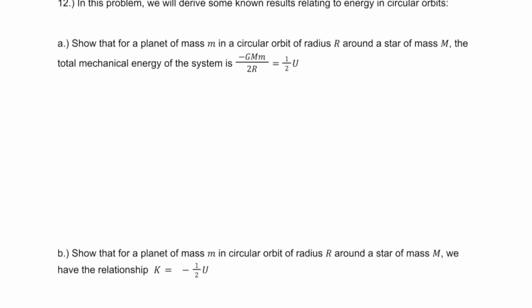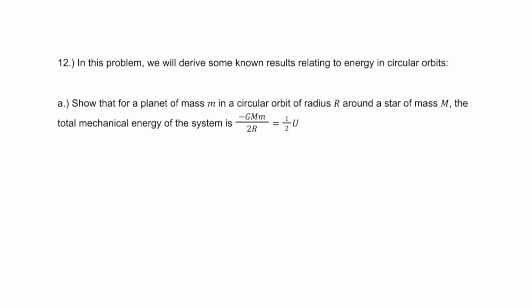All right. Now some important results relate to circular orbits. First, we're showing that if you're a planet of mass little m in a circular orbit of radius r around a star of mass big M, the total energy of the system is given by negative GMm over 2r, which is also just 1/2 of the potential energy.